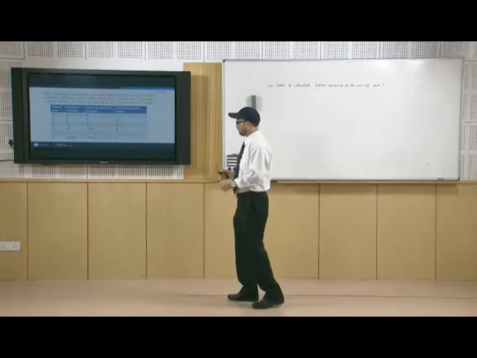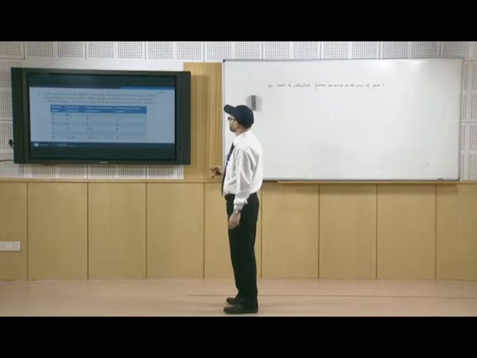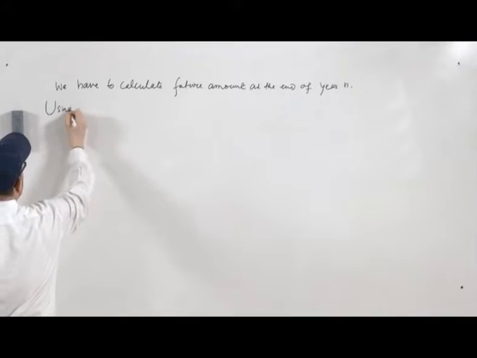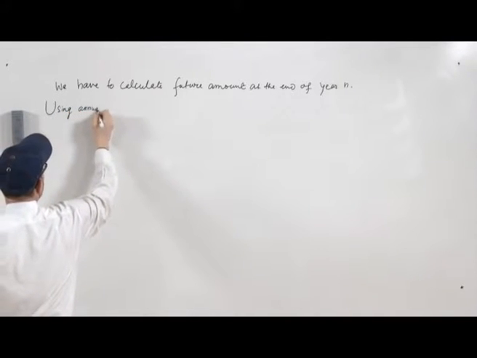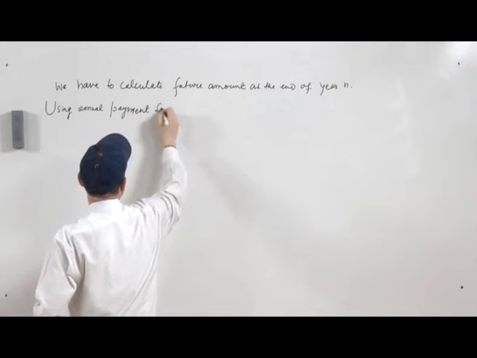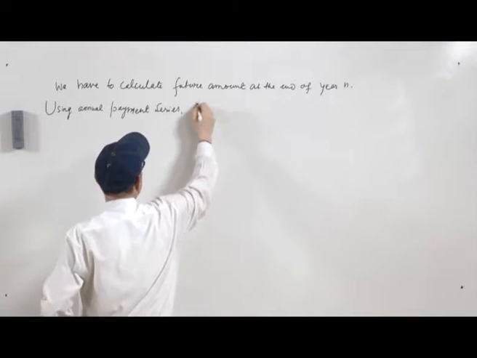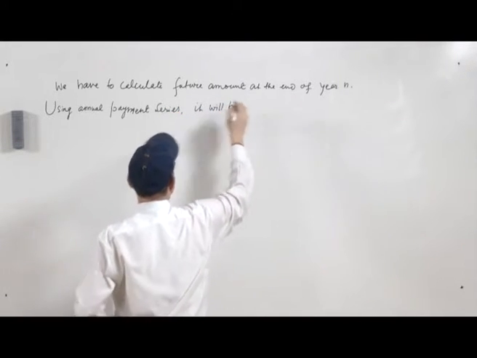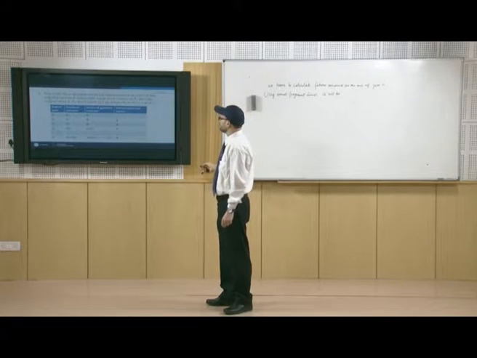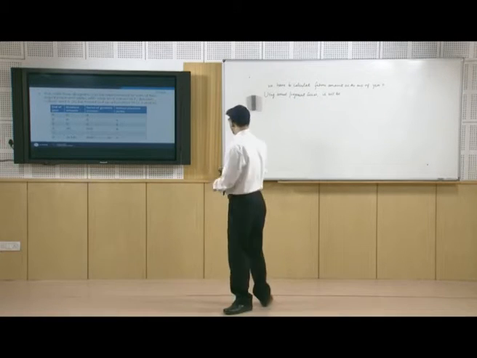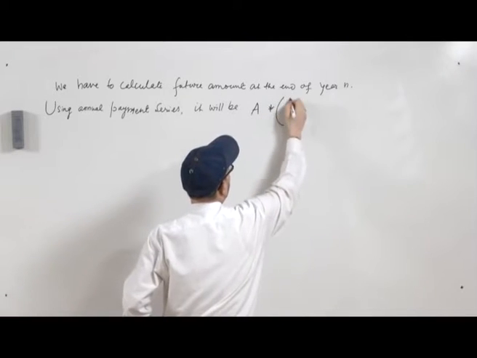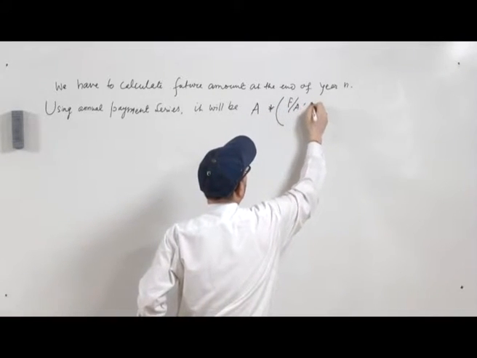What will be the amount at the end of year n using this annual payment series? We have already discussed that when the year end equal amount is multiplied by F by A, i, n, this will be A times the factor F by A, i, n.